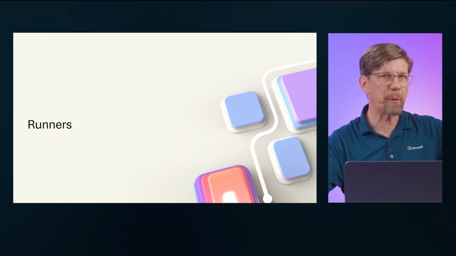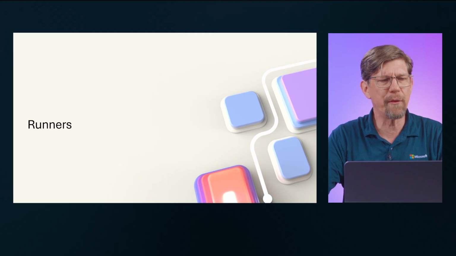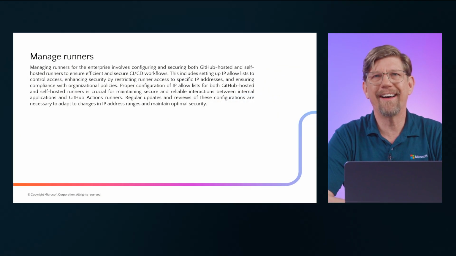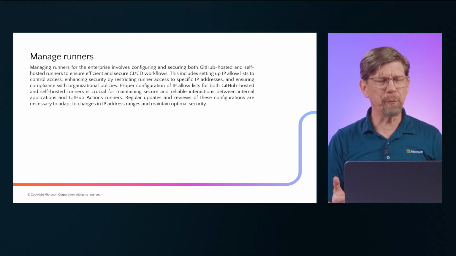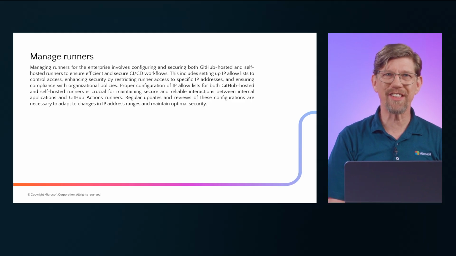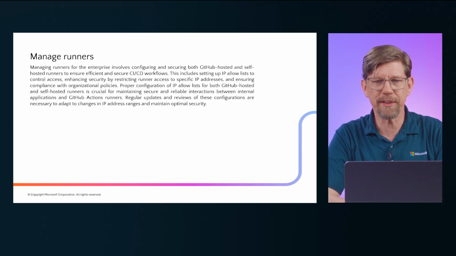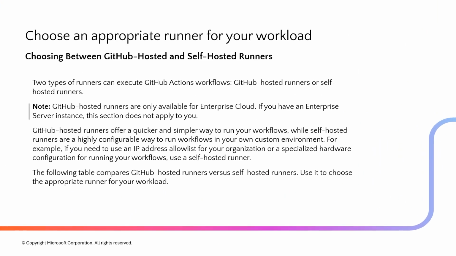Now, we briefly talked about runners earlier. We're going to delve a little bit more deeply into how these runners are set up and how they're managed at the organization and the enterprise level. These are really important infrastructure decisions that you are making when you're setting up these individual runners. And so a couple things to keep in mind.